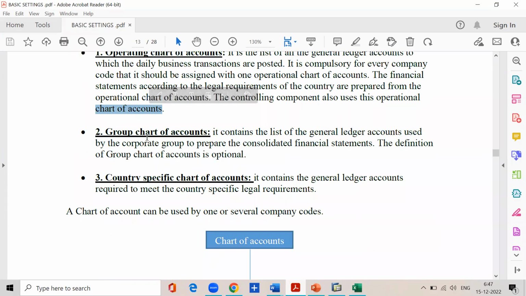Then group chart of accounts. It contains the list of general ledger accounts used by the corporate group to prepare the consolidated financial statements. Say you have three company codes, A, B and C, under the same group. We compulsorily prepare financial statements for each individual company code. In addition to that, your group management wants to prepare consolidated financial statements. For that purpose only, we use the group chart of accounts.